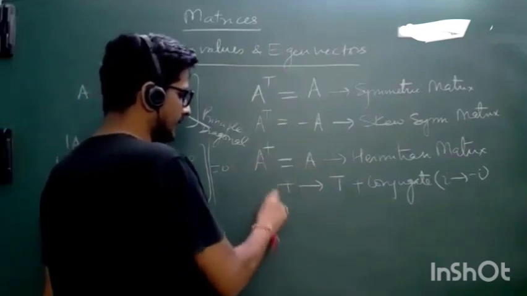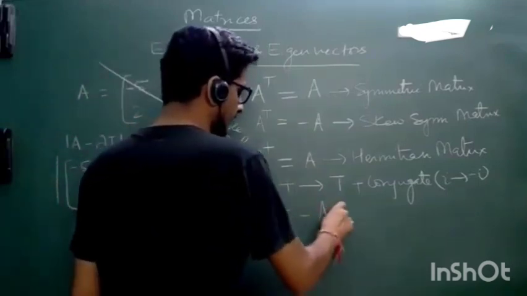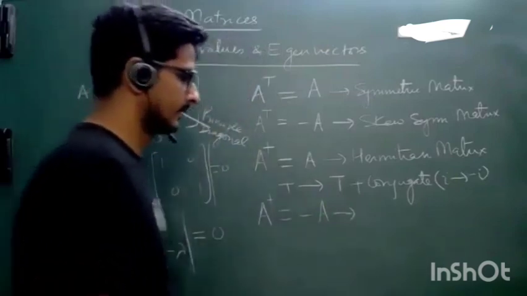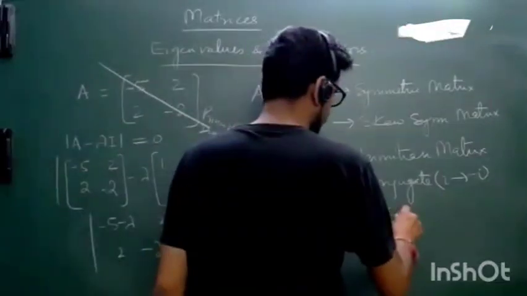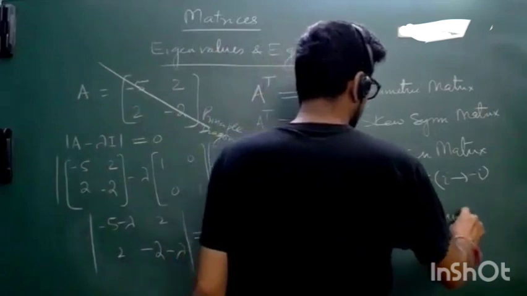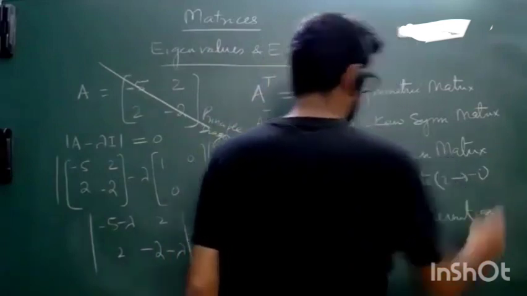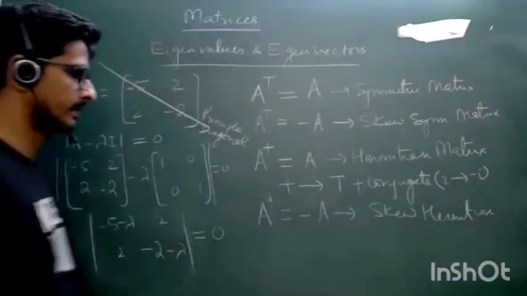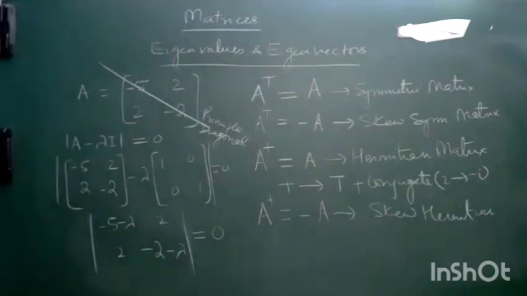And A dagger will be equal to minus A, then it is skew Hermitian. Okay? See this carefully. These matrices will be used in your quantum mechanics also.